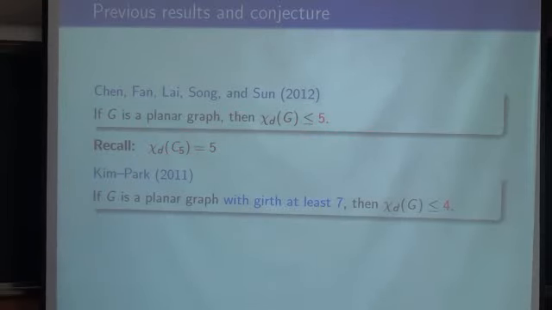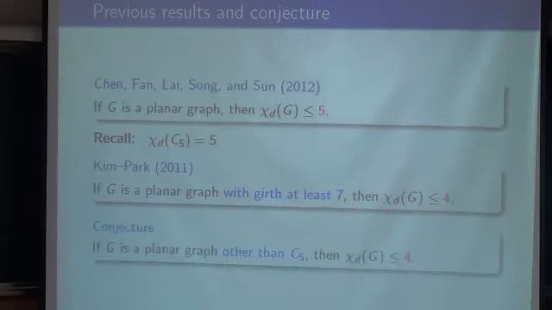So this number 5 is best possible we can get, right? And after that, Kim and Park in 2011 showed that if G is a planar graph with girth at least 7, then the dynamic chromatic number is at most 4, right? So this upper bound 4 is like the upper bound for the four-color theorem, right? But we have some extra condition about girth, right?